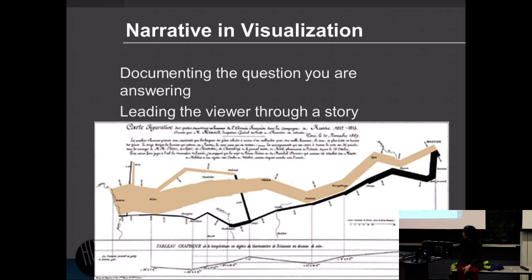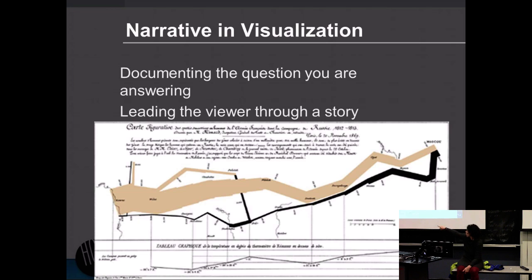And if you look closely, what we're seeing along the size of the army is the width of this chart. The return is black, and the outgoing army is sort of bluish. And it's actually also mapped onto a real map in space.